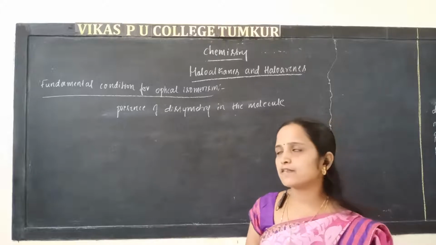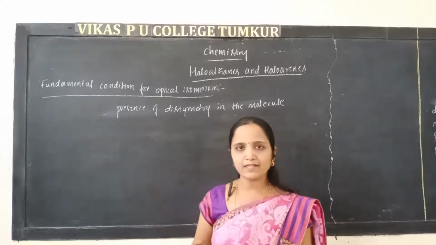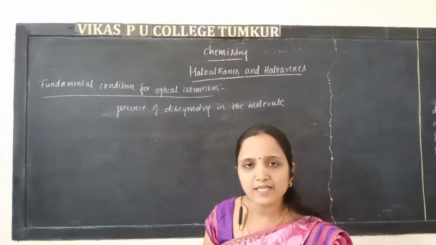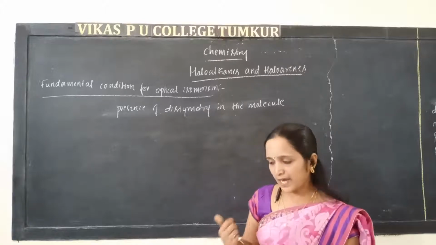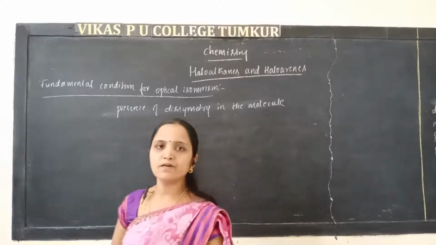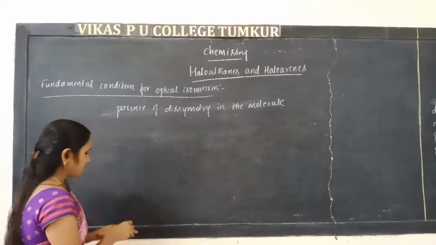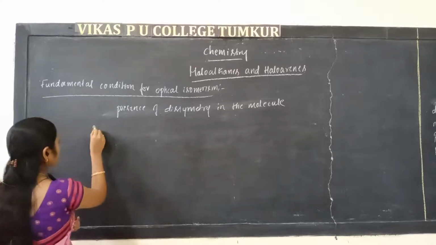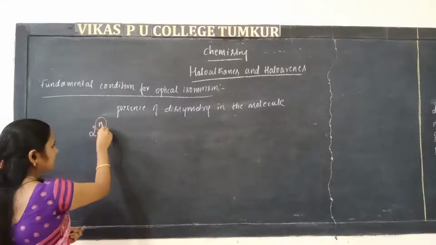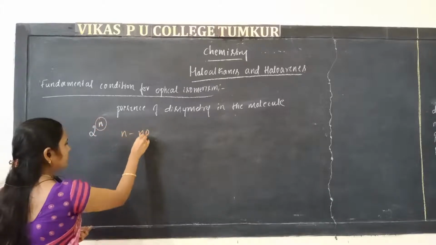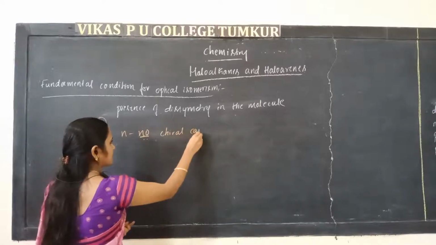Now we are going to discuss how to calculate the number of enantiomers exhibited by a molecule. To calculate the number of enantiomers, we use the formula 2 to the power of n. Here n is the number of chiral carbons.